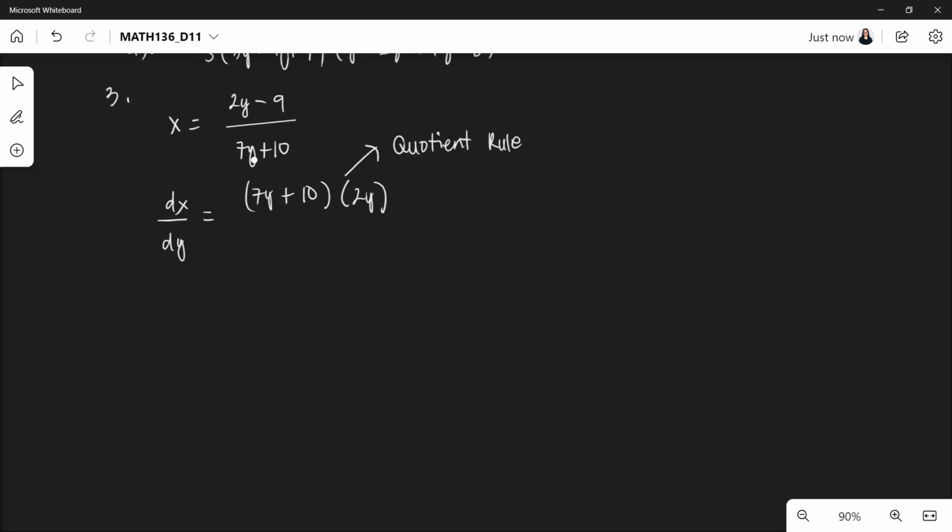If you think the discussion is too fast, then you can pause it or reduce the speed. And then followed by minus, you copy this time the numerator, then multiply it with the derivative of the denominator. The derivative of 7y plus 10 is 7, or 7 plus 0. And then you square the denominator and put it in the denominator of this fraction.